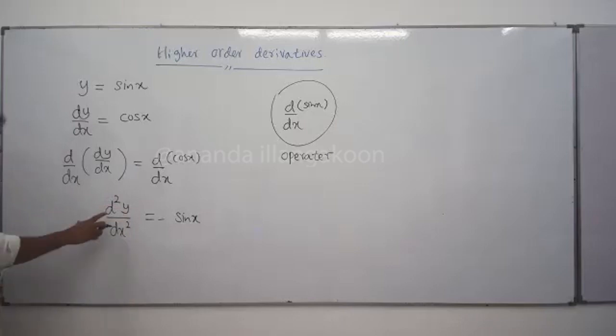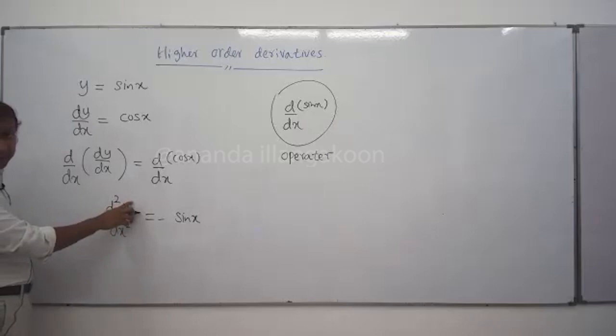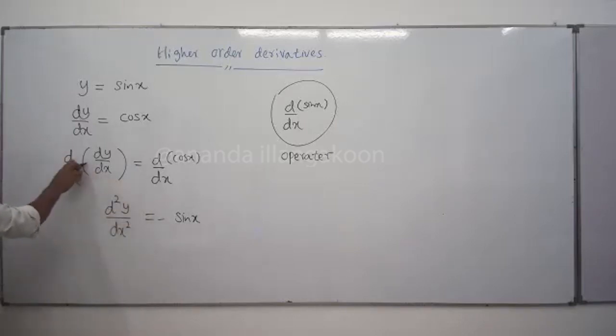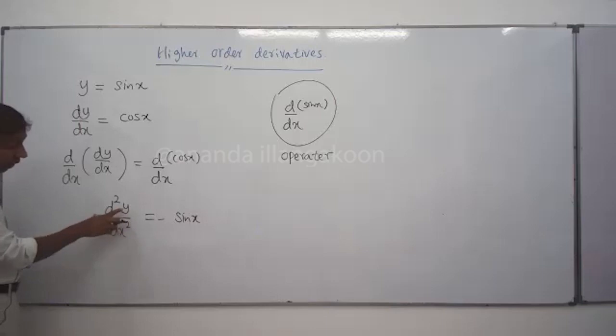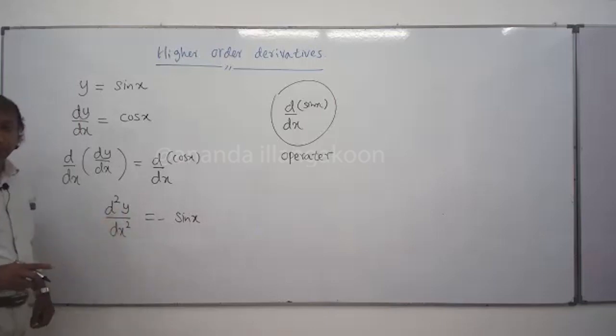We don't write the 2 on the y, because then we get a misunderstanding that we are going to differentiate y squared. This d and this d we multiply, we get d squared; dx and dx we multiply, we write dx squared. The number of times we have differentiated the function, we write here. This is called the second derivative.